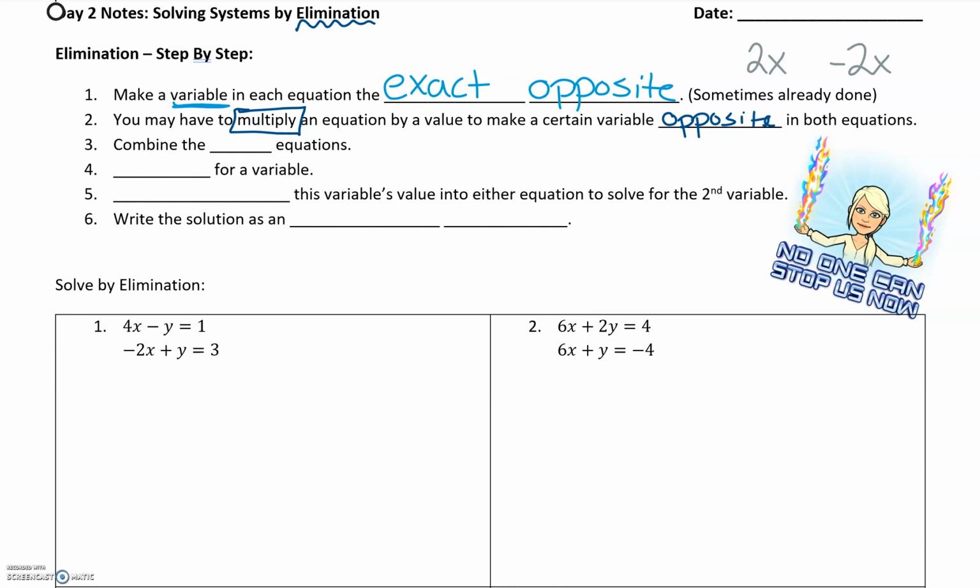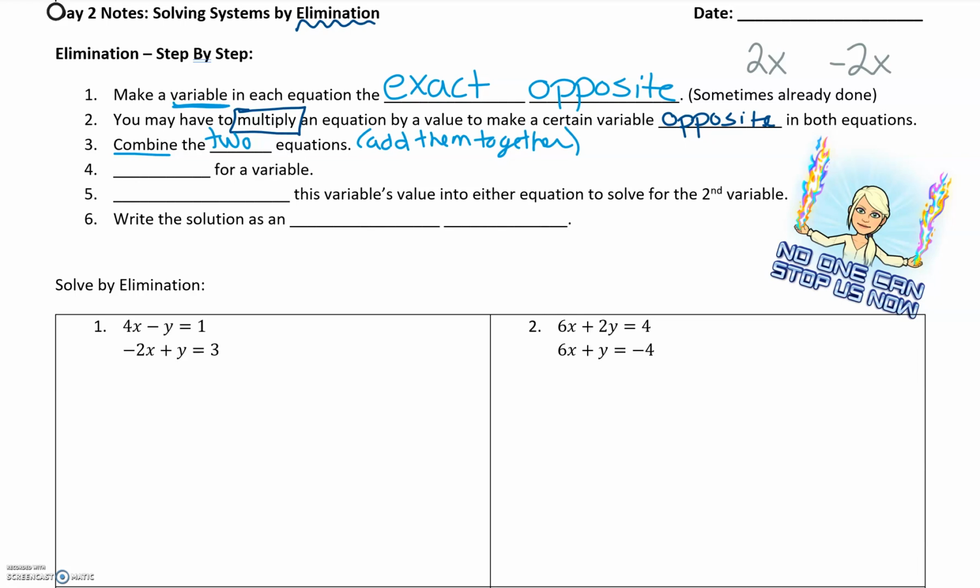Once we do this, then we can combine the 2 equations. When I say combine, I mean add them together. When we add them together, that's what eliminates the terms that were exact opposites. So step 3 is really where the elimination takes place.